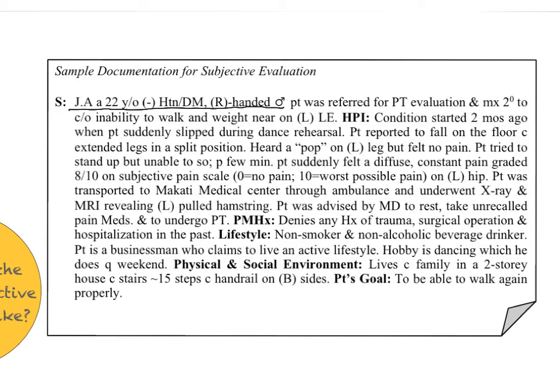So you have here the initials, the age of the patient, the present general medical condition, the handedness, and the gender. So all are present. So that is complete. Okay, so this is the demographics right here. Okay, what else? Following the demographics, you have here the chief complaint.